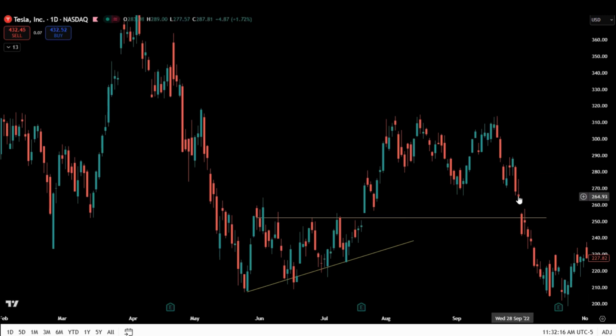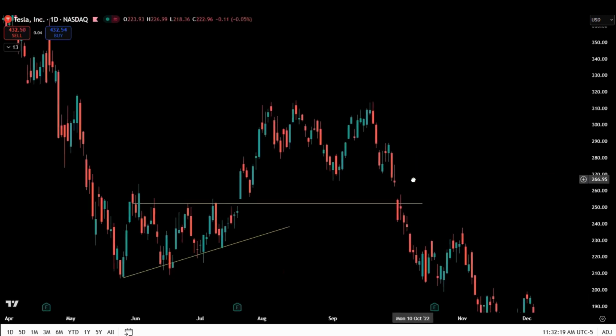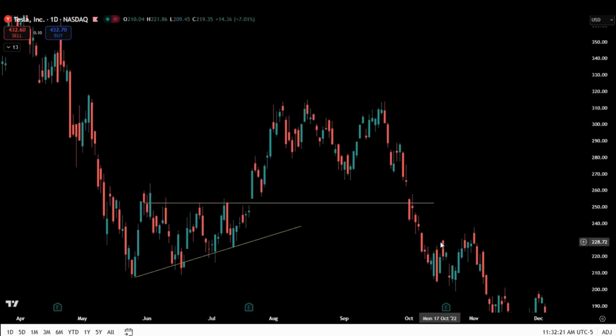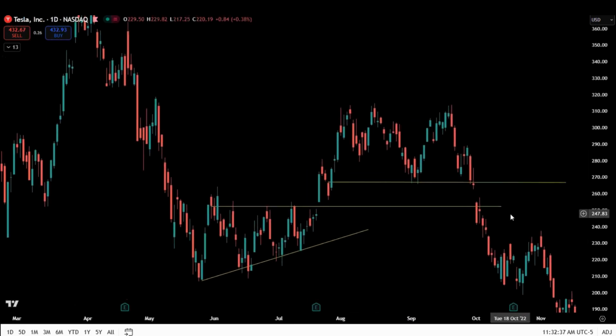This would be your neckline. At some point it tried to come back up and test the breakout. The neckline would have been right around here. Price tried to go back up and retest, couldn't make it, and came back down. So sometimes it does not make it.